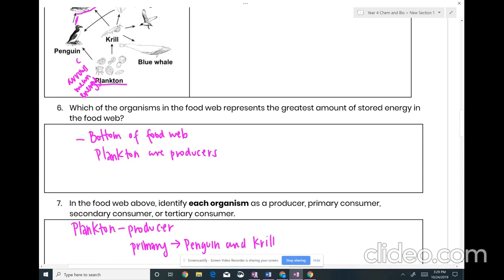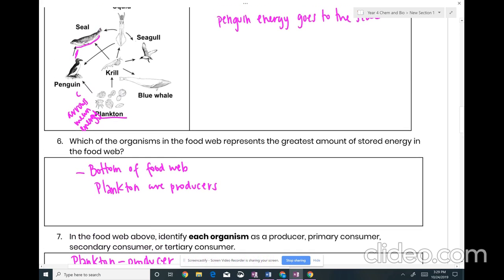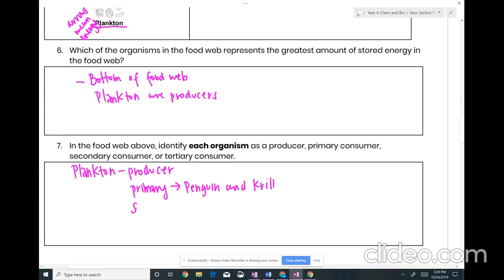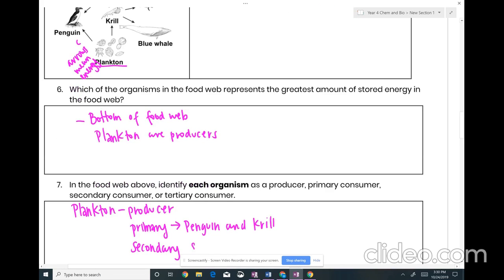So then we go up and we look at our next thing, right? So now we're going to go into our secondary. So now we're looking for where does the energy to the penguin go and where does the energy to the krill go. So the penguin can also go into the seal. So we have our seal that's definitely there.